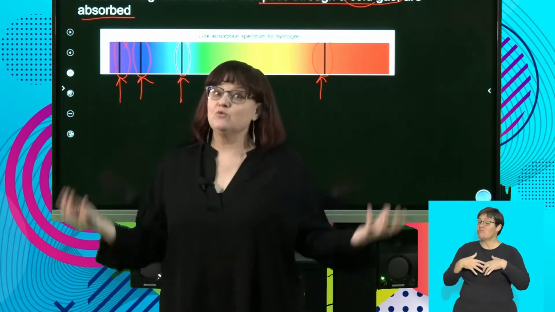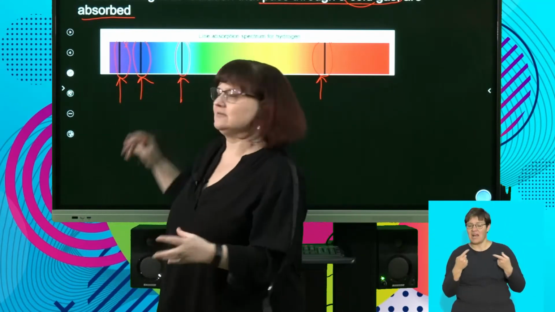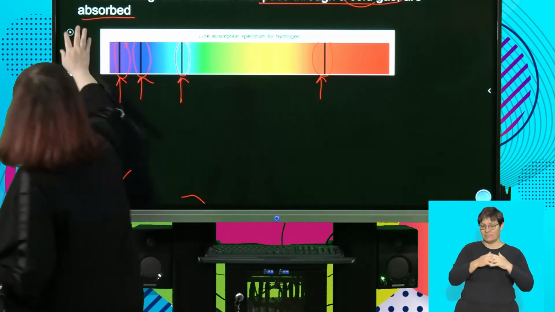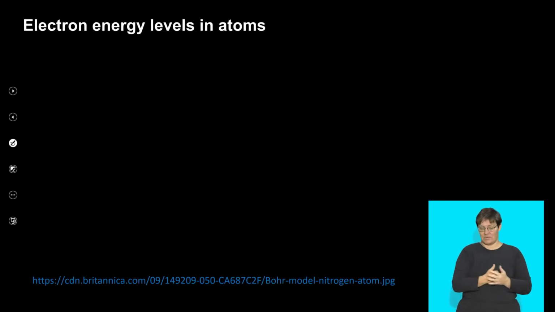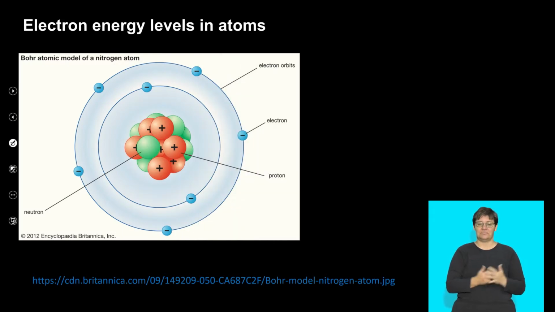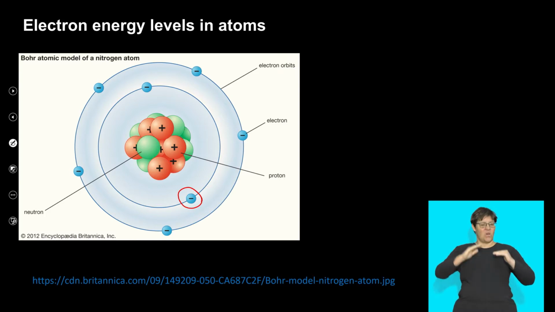So how do we get them to give us these patterns? That's the difference. It's how we make them that determines what they look like. Just quickly to remind you, when you have electrons, when they look like this, that's in their energy state. That's their lowest energy state.